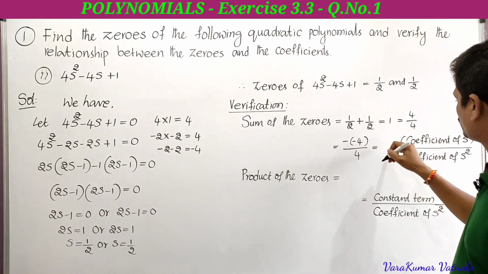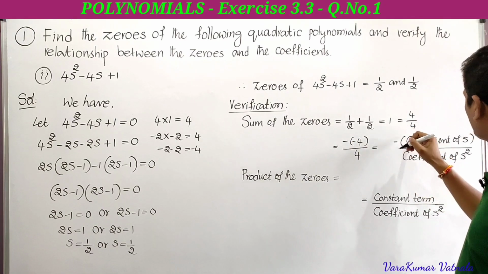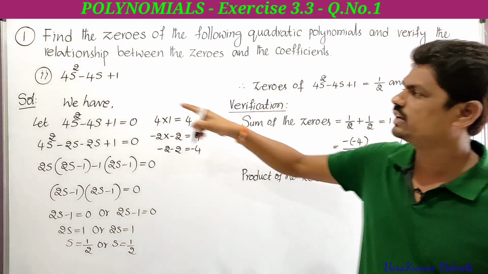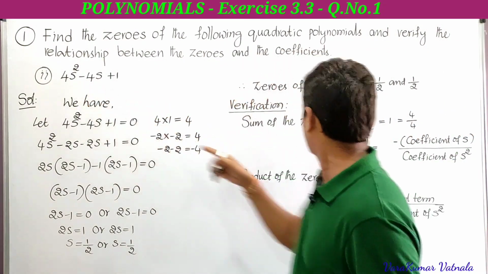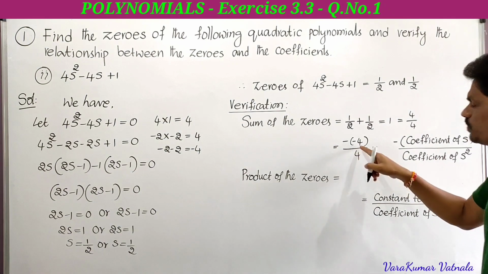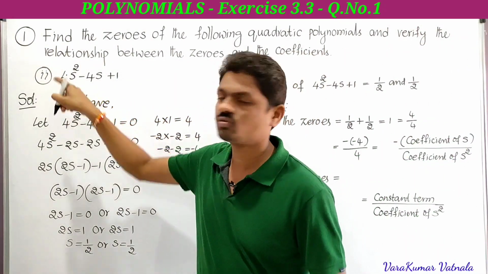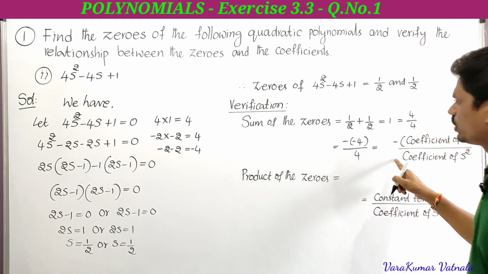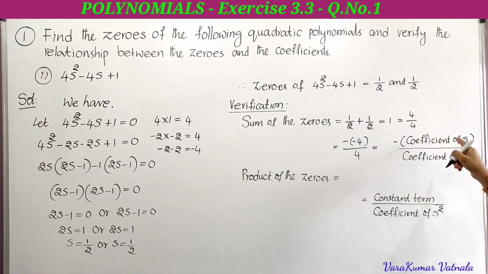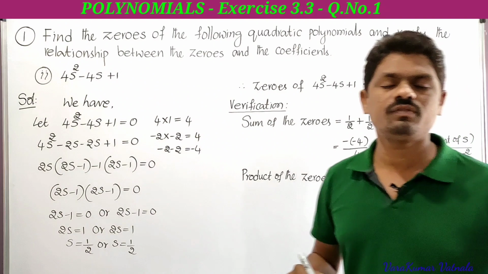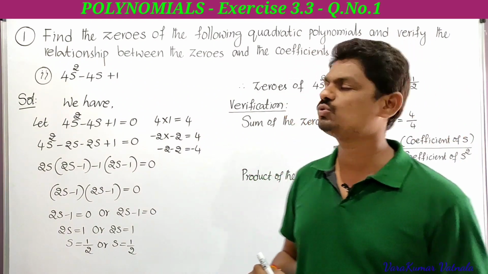Minus 4 is the coefficient of s, and this plus 4 is the coefficient of s square. So here the sum of the zeros is equal to minus of the coefficient of s divided by the coefficient of s square.